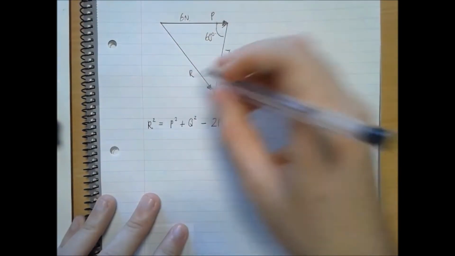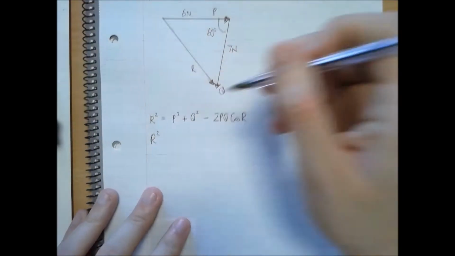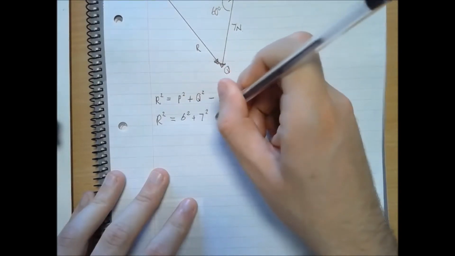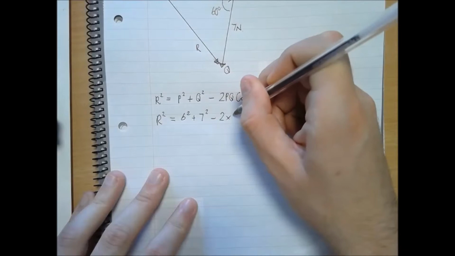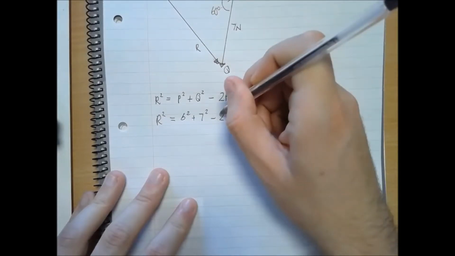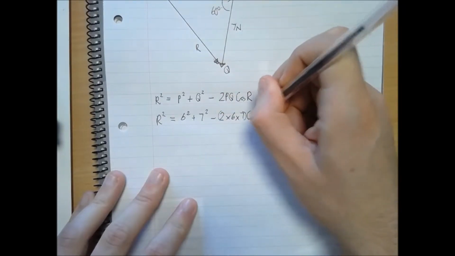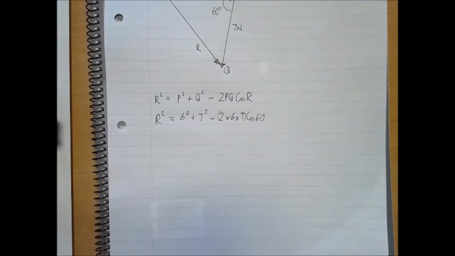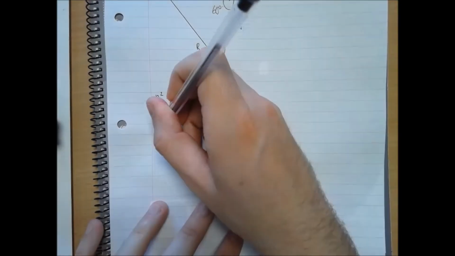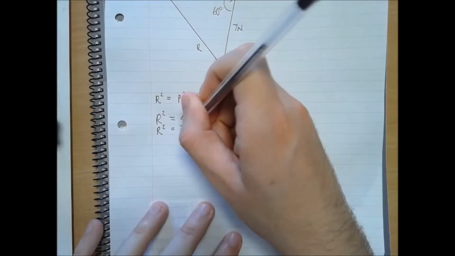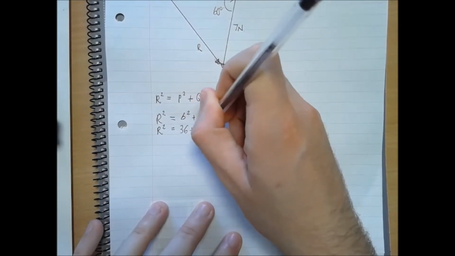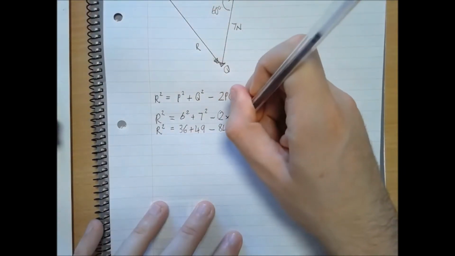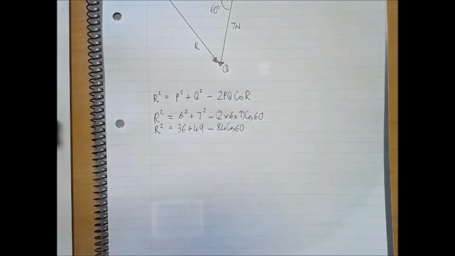Of course we fill this all in: R squared equals 6 squared plus 7 squared minus 2 times 6 times 7, put brackets, cosine 60. We want to put that all into a calculator.